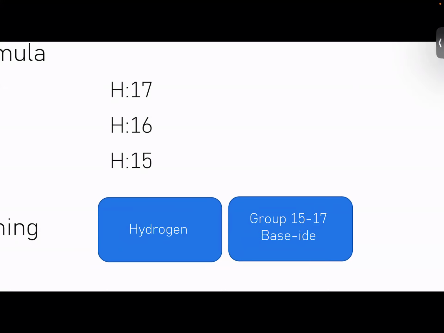To name these compounds that are not in acid form, you name the hydrogen and you name the group 15 through 17 base with the ending ide. In other words, it's done exactly like sodium fluoride. That was a group 1 and a group 17. Hydrogen fluoride. We're using the same premises here.